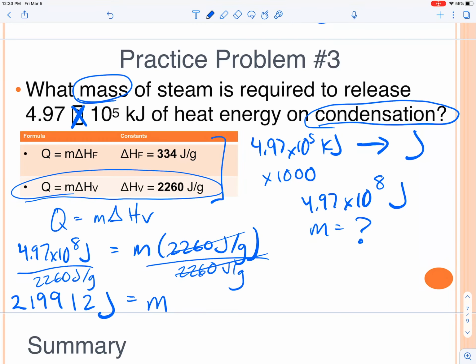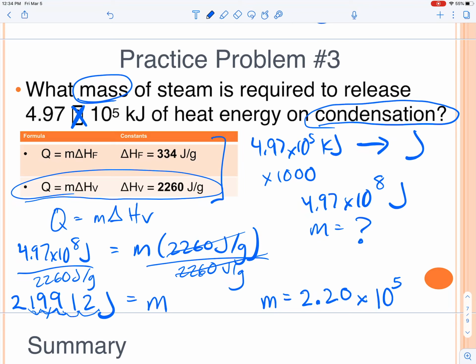So that's my answer. I would recommend converting that to scientific notation. Remember, we're just moving the decimal here 1, 2, 3, 4, 5 spots, and we'll round it to 2.20 times 10 to the 5th.